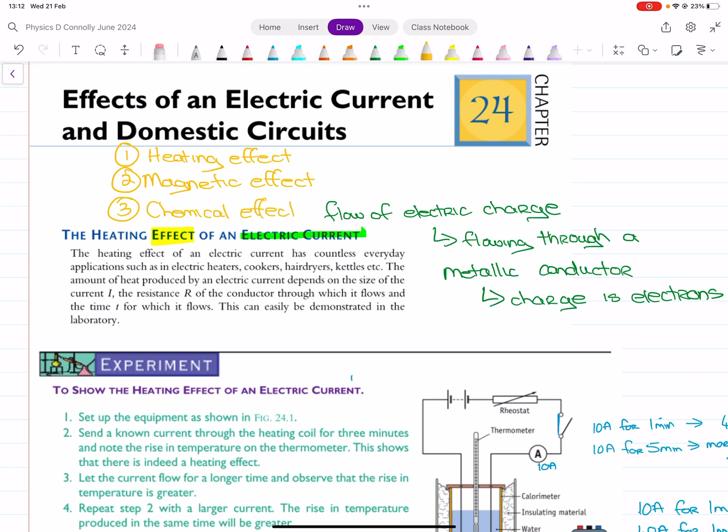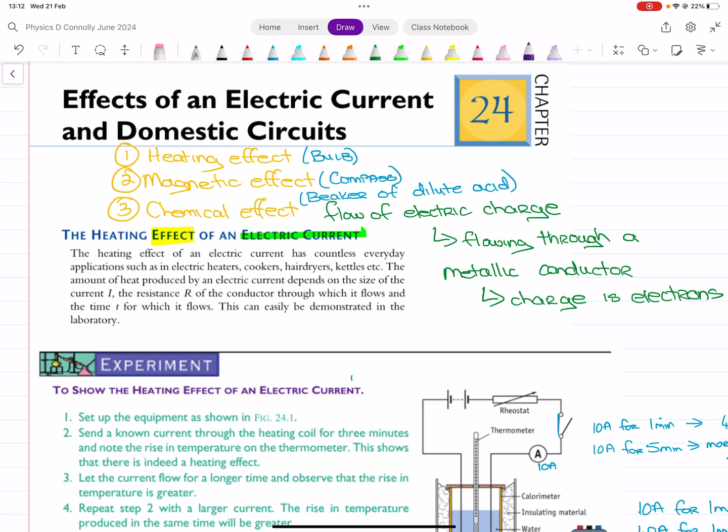That was at the very beginning of the very first electricity chapter, where there was the little diagram of the circuit, and the bulb showed the heating effect, the compass showed the magnetic effect, and the beaker of dilute acid and the bubbles showed the chemical effect. Yeah?